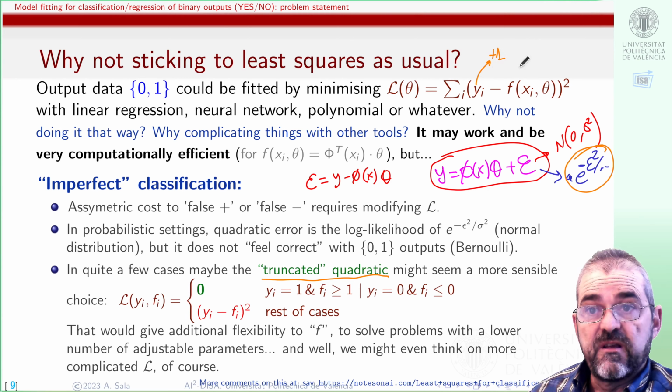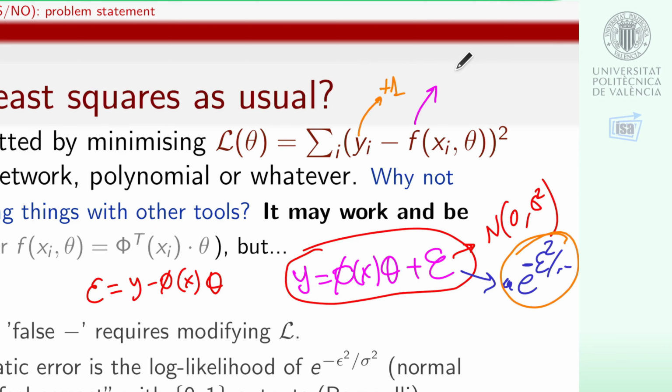Then, if my f were 1000, I would say that it's very positive. This should add no penalty to my fitting. Or if my training sample were -1 and my function were -234, then maybe this should not add penalty to my fitting.